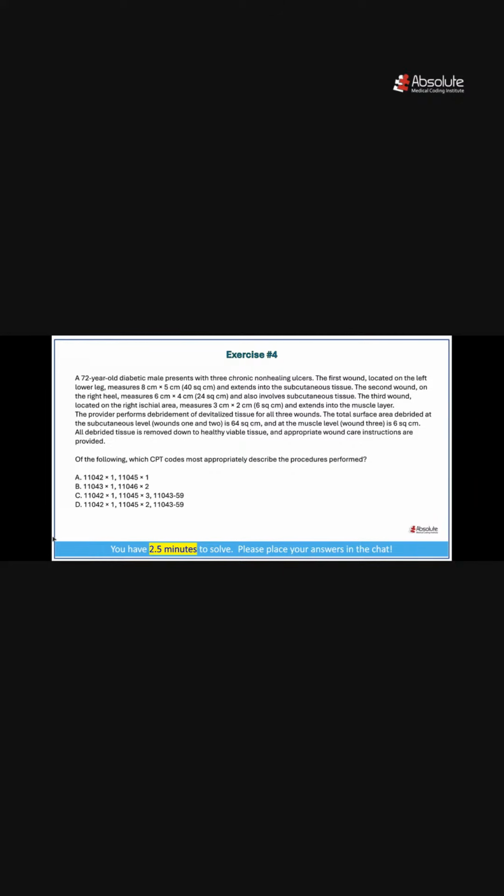The provider performed debridement of devitalized tissue for all 3 wounds, and the total surface area debrided at subcutaneous level, wound 1 and 2, is 64 square centimeter, and at muscle level, wound 3, is 6 square centimeter. All the debrided tissue is removed down to the healthy viable tissue, and appropriate wound care instructions are provided. Of the following answers, which best describe the procedure?